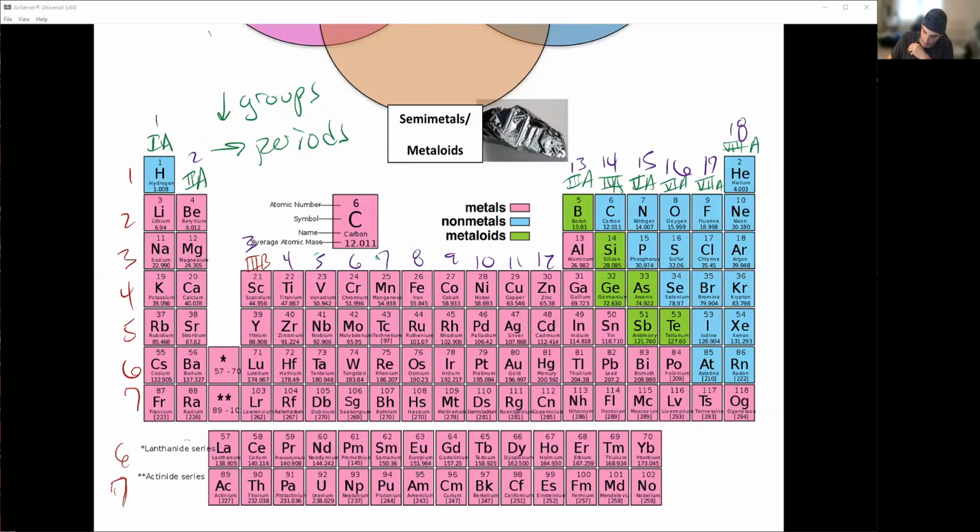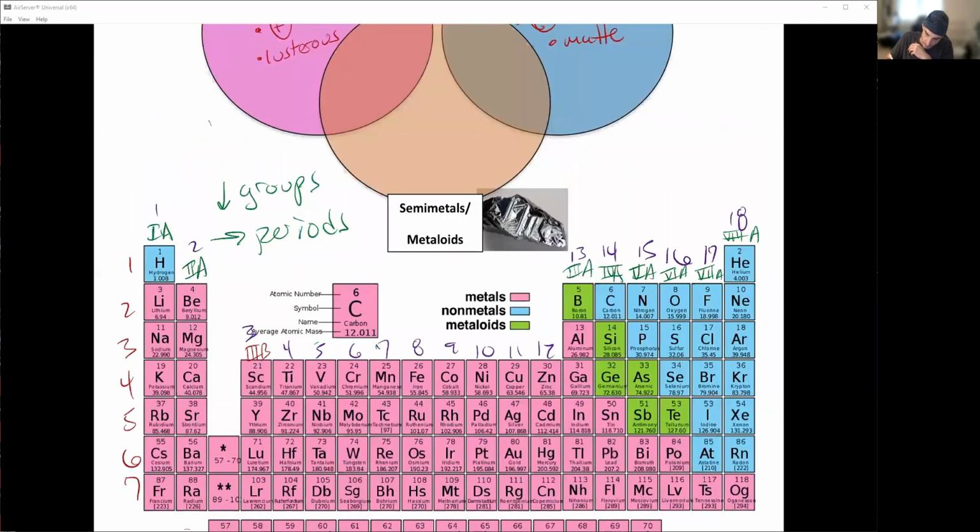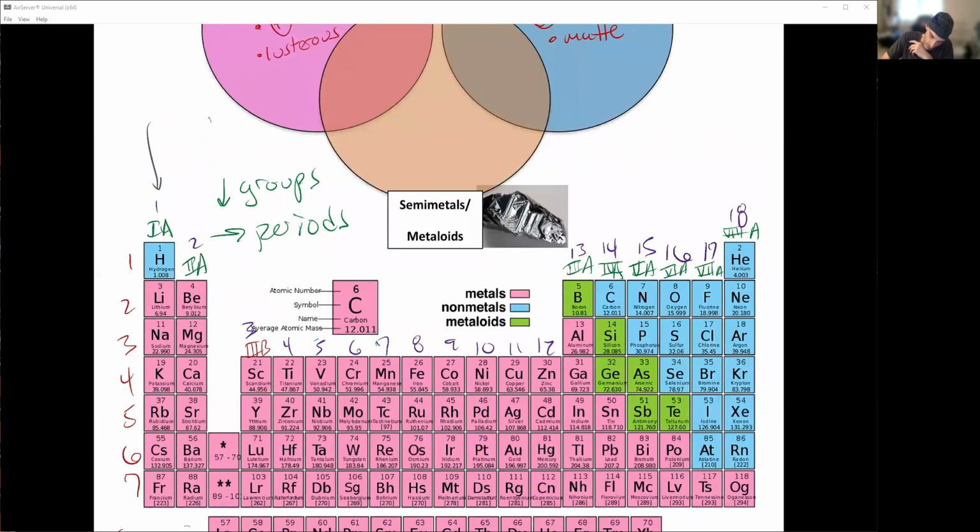I want to label just a few more things here. Group 1A, I'm sure I've said it before, is the alkali metals. Group 2A is the alkaline earth metals or alkali earth metals.